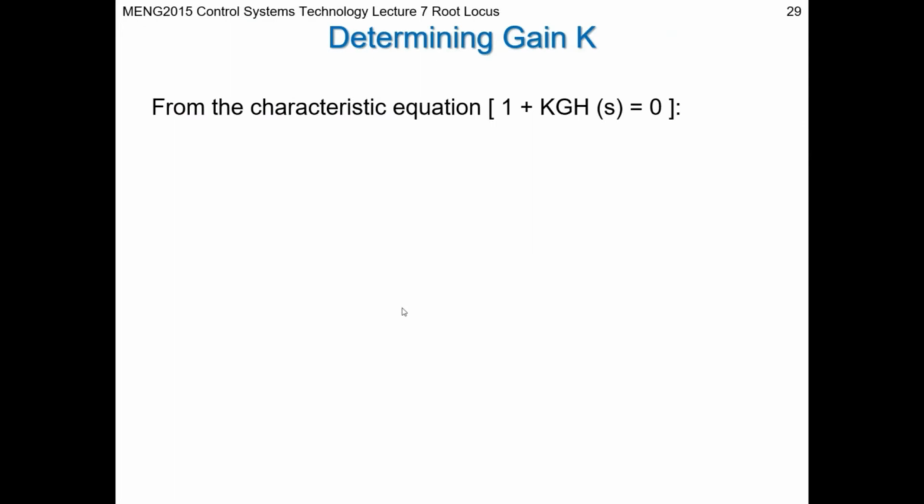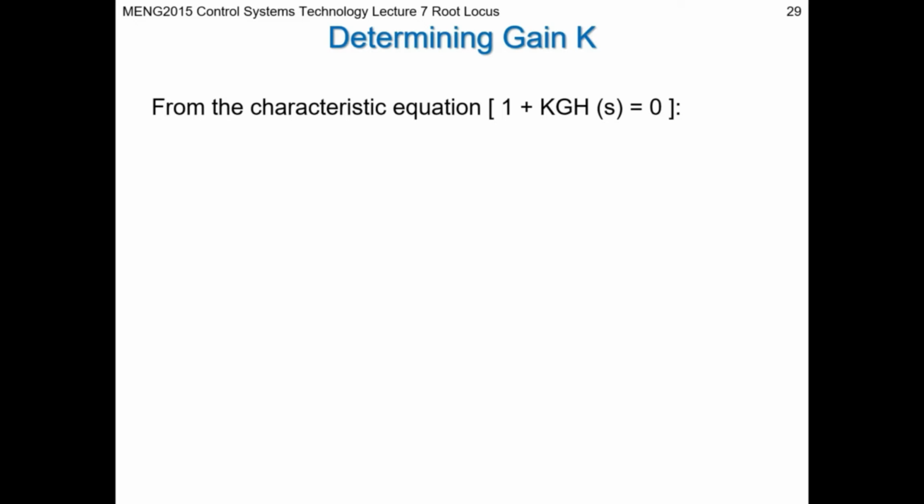Let's look at how we determine the gain k that corresponds to any point on our root locus. That's what we want to do now. For any location of our closed loop roots, we want to determine the value of our gain k for that particular set of closed loop roots.